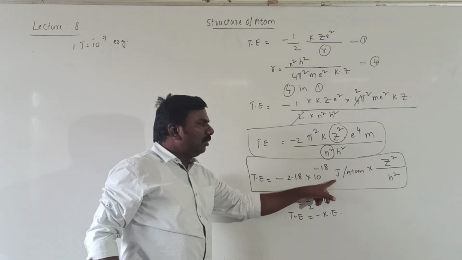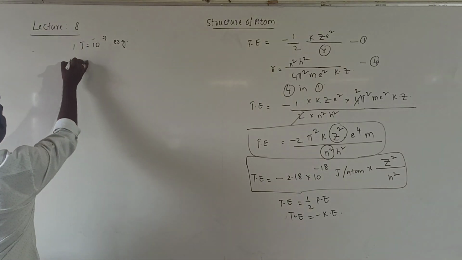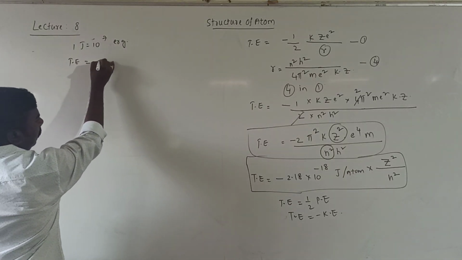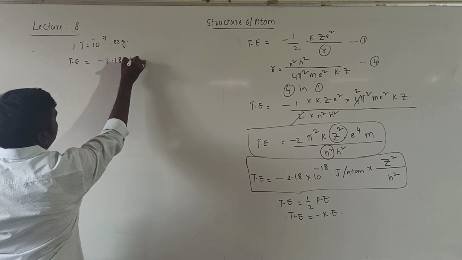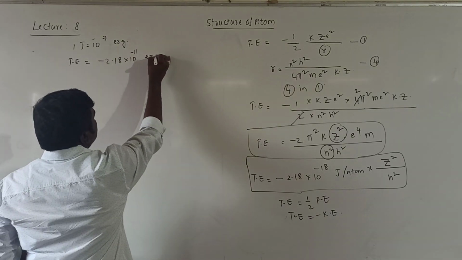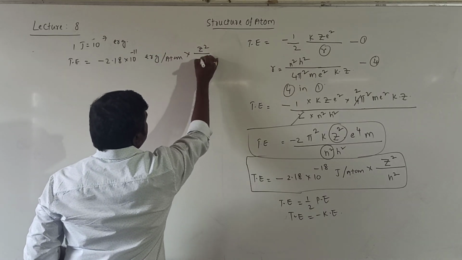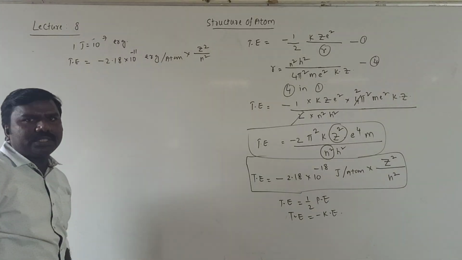If you keep 10 to the power of 7 in place of joule, then you will get total energy equal to minus 2.18 into 10 to the power of minus 11 ergs per atom into Z square by n square, right?